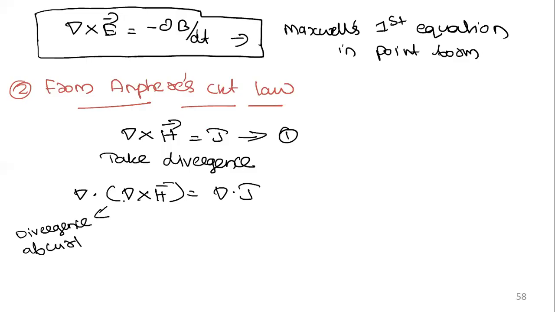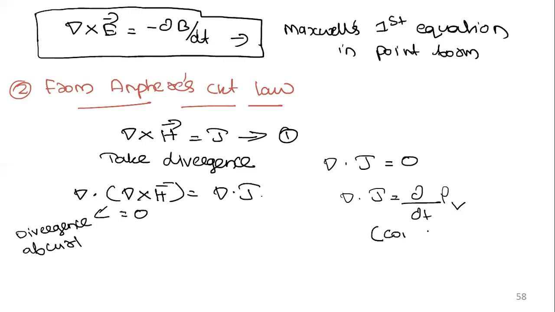So what is the value of del dot del cross H? The divergence of curl of a vector is 0. This makes it 0, and which implies del dot J is equal to 0. And last class, I think you have studied, del dot J is equal to minus dou by dou t of rho V. What is this equation called?